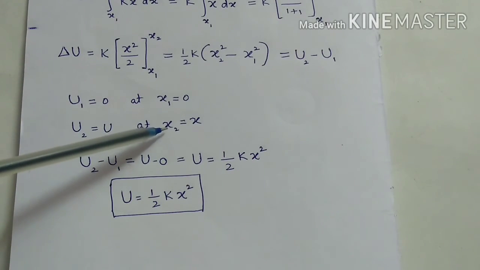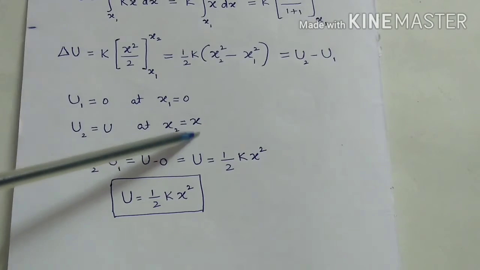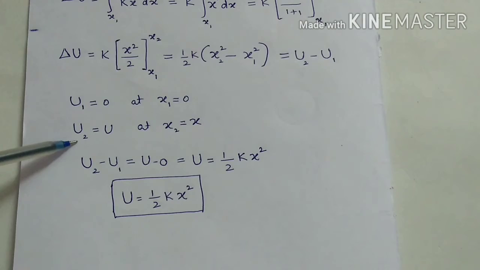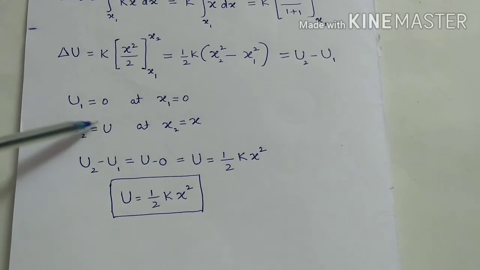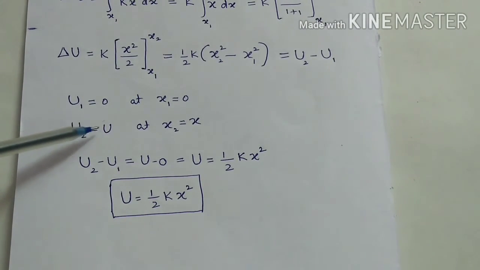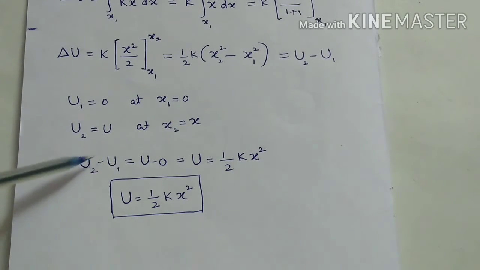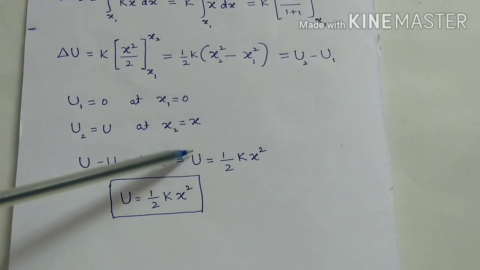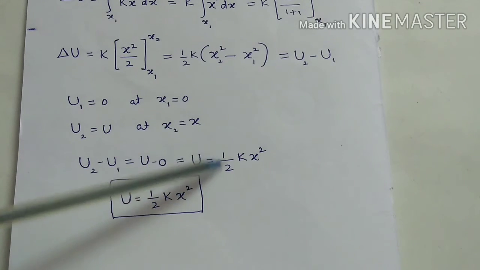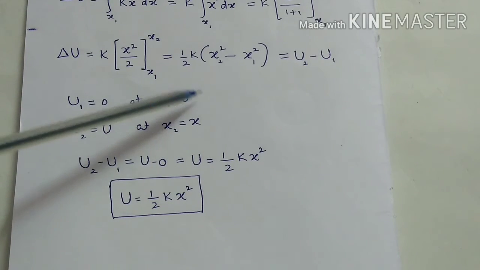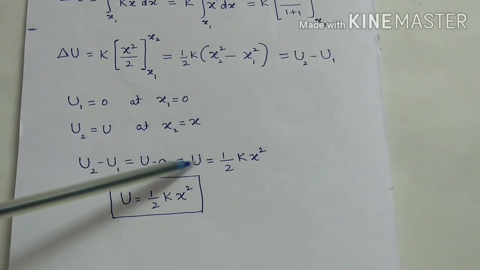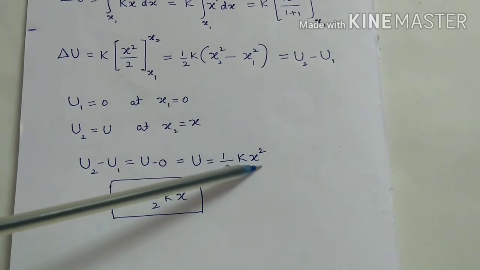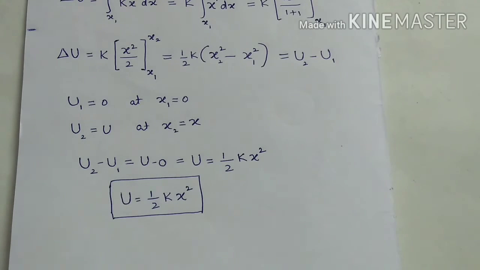Now you are compressing or elongating to x2 equal to x. At that time some potential energy will be stored in the spring, which I am calling U2 equal to U. I will substitute: del U equal to U2 minus U1, that is U minus 0, equal to U equal to half kx square, because x1 is 0 and x2 equal to x. So the potential energy stored in the spring for the compression x is U equal to half kx square.